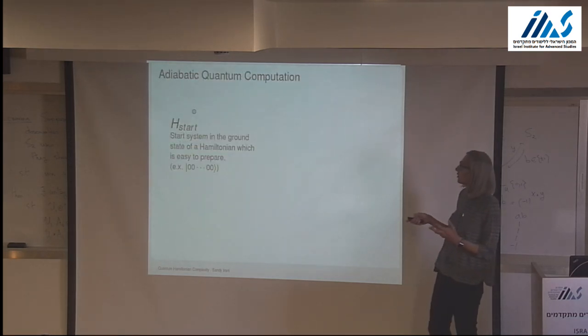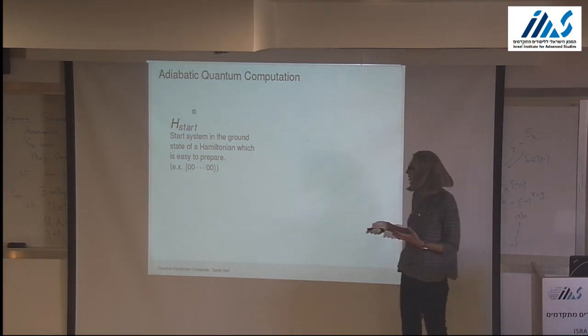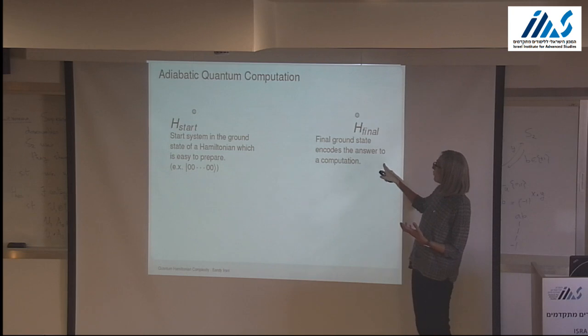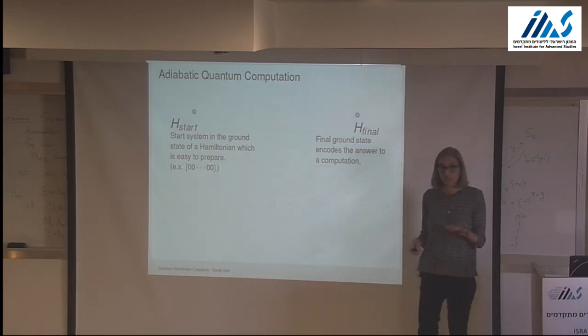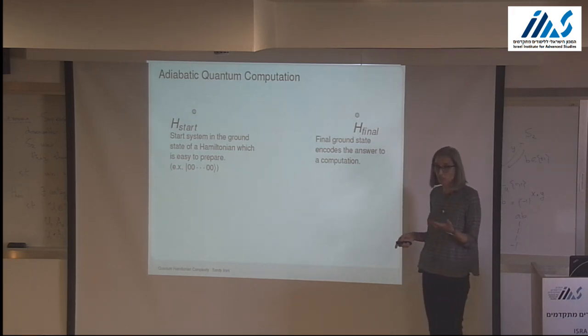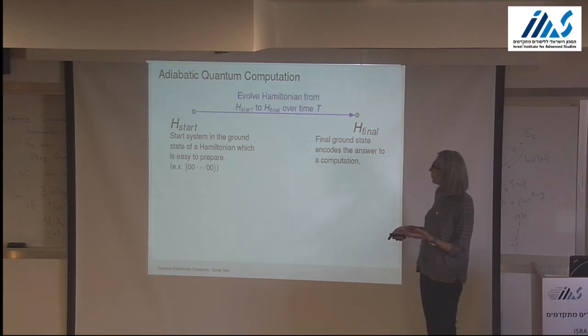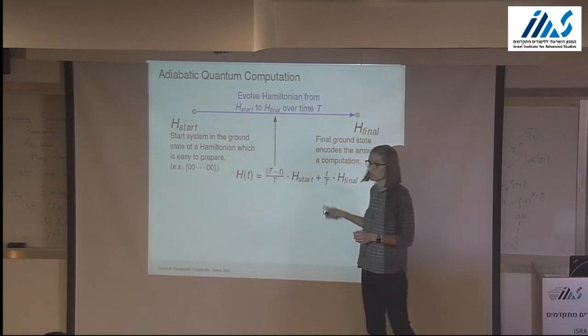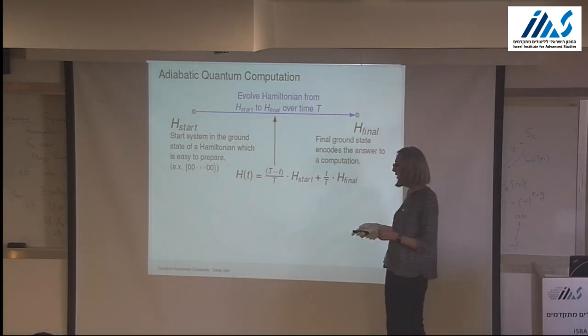So Dorit talked about the model of adiabatic computation, where you have some very simple starting Hamiltonian, and you have some final Hamiltonian, the ground state of which encodes the answer to a computational problem you want to solve. You go slowly over time from one to the other. I've drawn a straight line here where it's the convex combination of the 2, but you could imagine a more complex path.